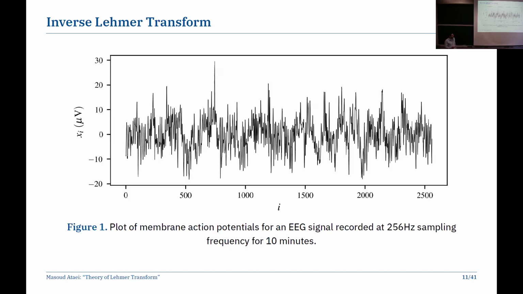And this is a beautiful comment by Bova, that yes, there is beautiful mathematics here, and Lehmer transform and everything, but this is CMM, so maybe every mathematical point that you make should connect to this subject. For sure. For example, how the action potential is connected to the firing of the neuron.